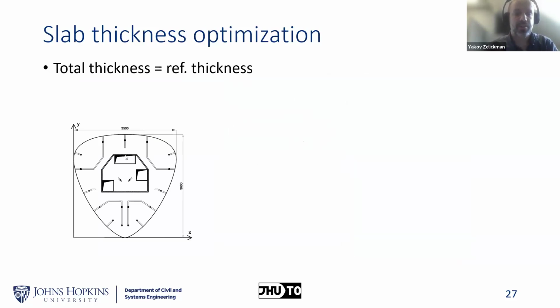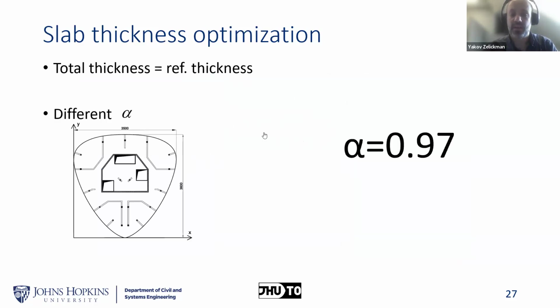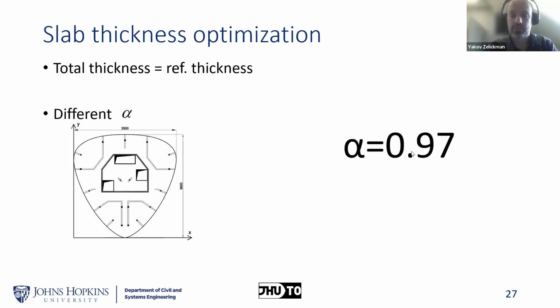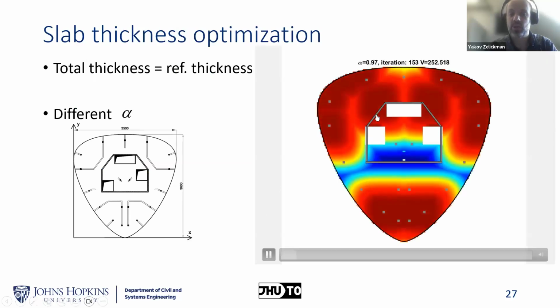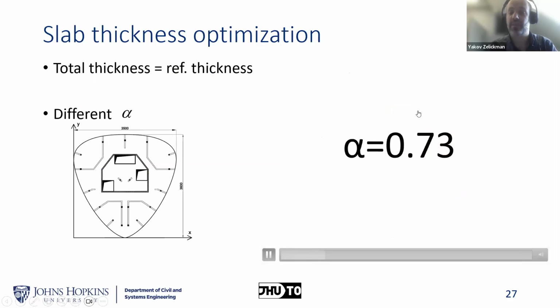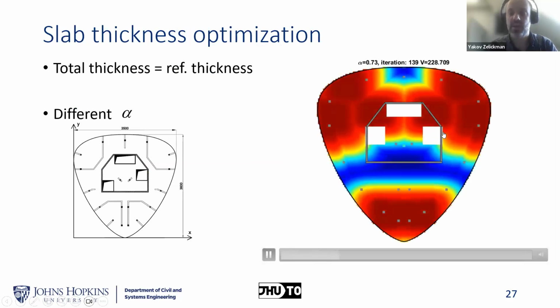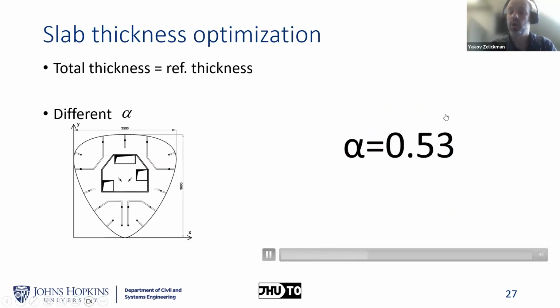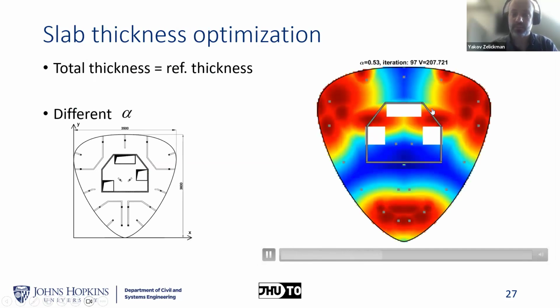So looking at this example, only now I optimize the thickness, and what we see here is, for different values of alpha, the optimized design. As alpha decreases, you see that we get more complicated designs in the sense that we have longer boundaries.